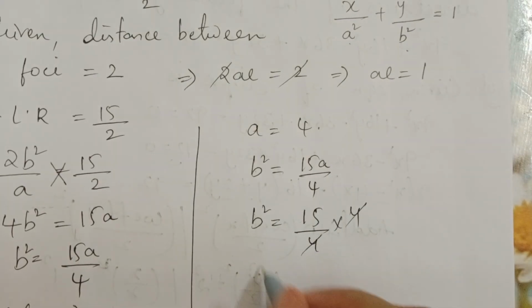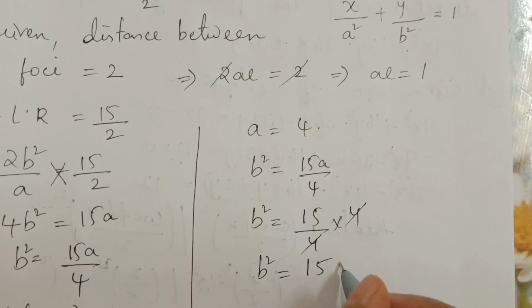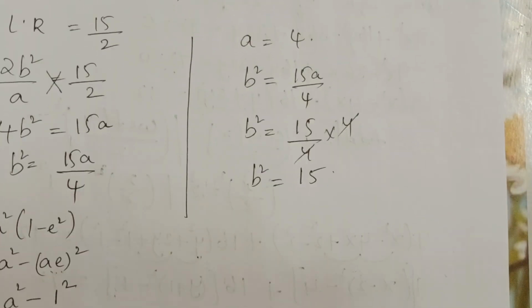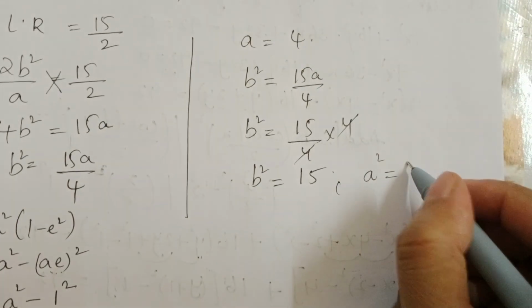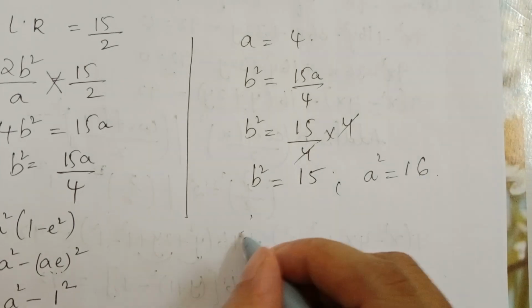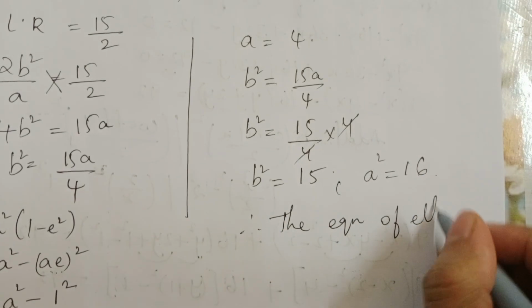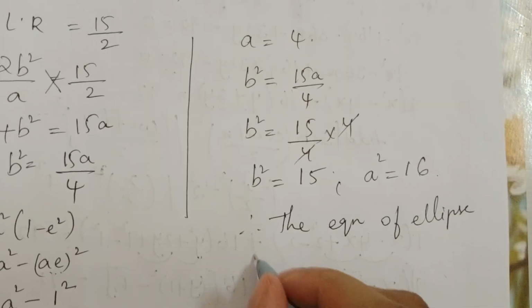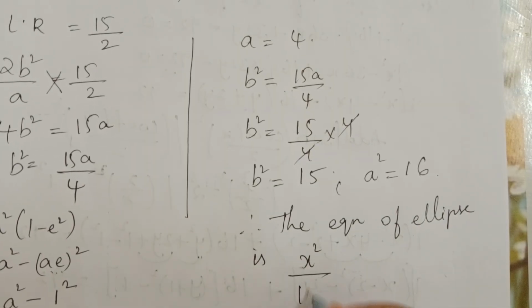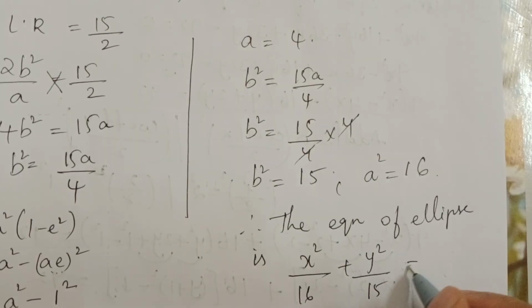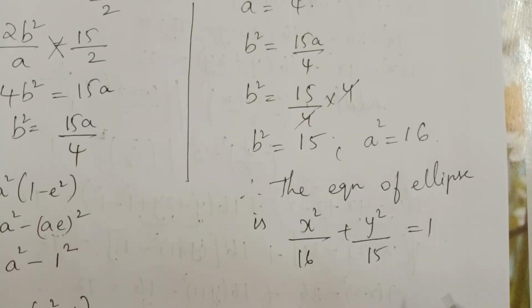So this gets cancelled. So b square is equal to 15, right? And the value of a square will be equal to 16. Therefore, the equation of the ellipse is x square by 16 plus y square by 15 equals 1, is our answer.